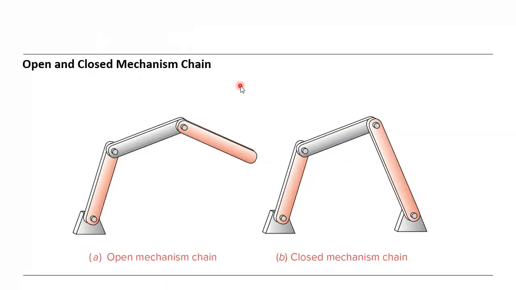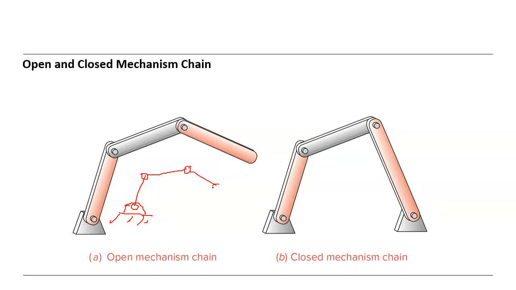So open and closed mechanism chain. This we call an open mechanism chain, because it's not grounded. Here this is grounded, but it's not grounded. So this is the grounded one here, and this is the next one.